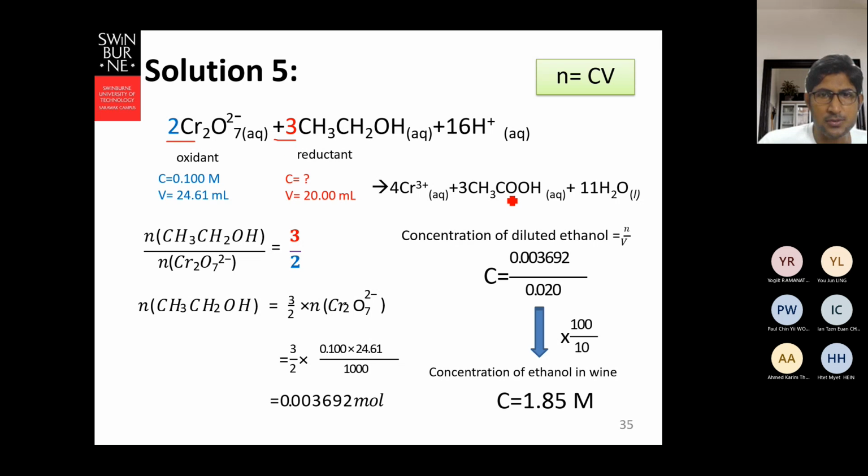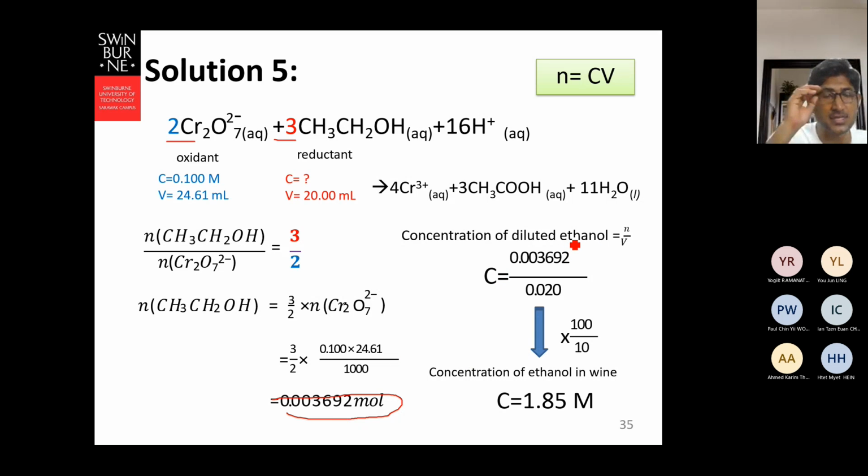So we know the number of moles of dichromate from n equals C times V just now, and from there we can equate using the 2:3 reaction. So the number of moles of ethanol is 3/2 times the dichromate number of moles, which is 0.00369 moles.